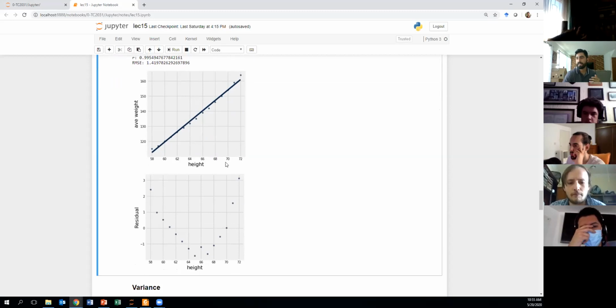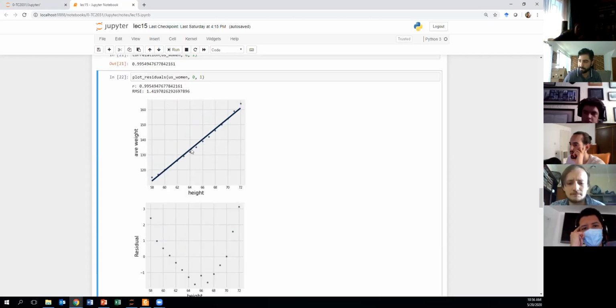Can I say that a US woman around 70 inches tall weighs 155? Can I conclude from this regression line that I drew for this data that if the woman's height is 70, with a good estimation she's around 155?